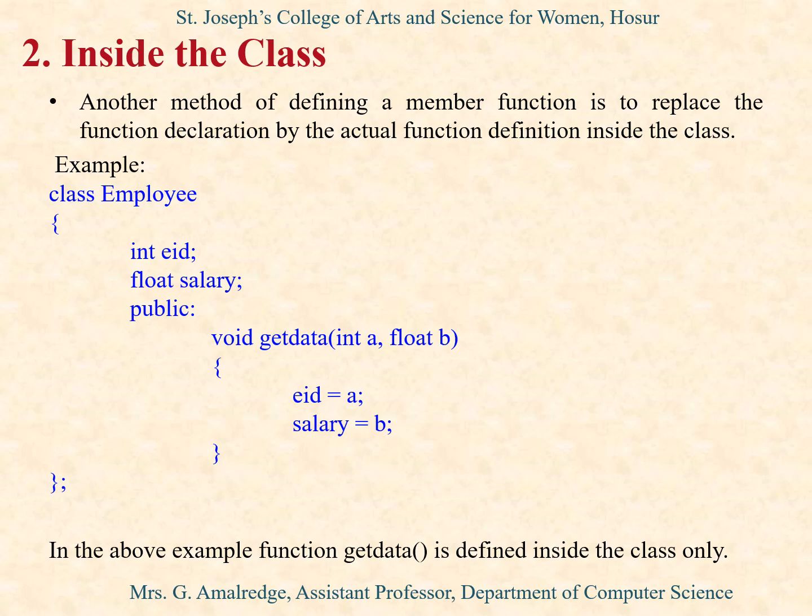That getData has a return type void and it has the parameters A and B. Inside the function body, we are assigning the value of A to EID and B to salary. After that, we are closing the function and closing the class. So in this example, we are telling that function getData is defined inside the class employee.